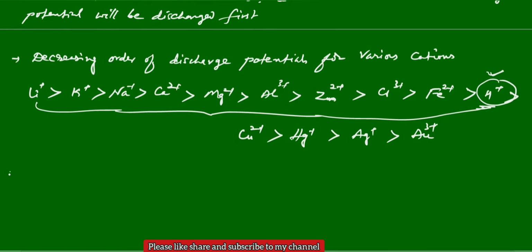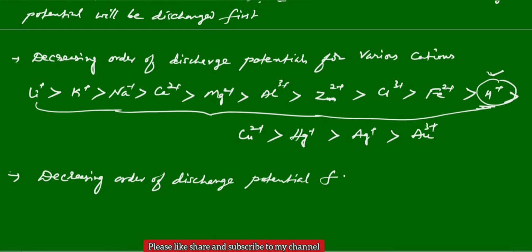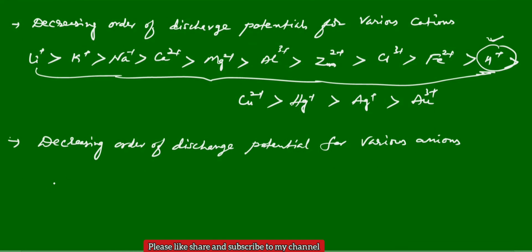Similarly, in the case of anions, this is the decreasing order of discharge potential for various anions. Here the fluoride anion has the highest discharge potential.